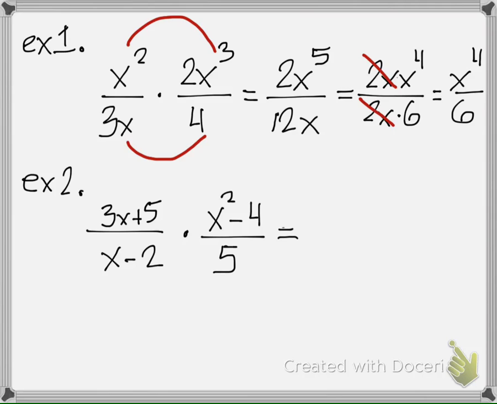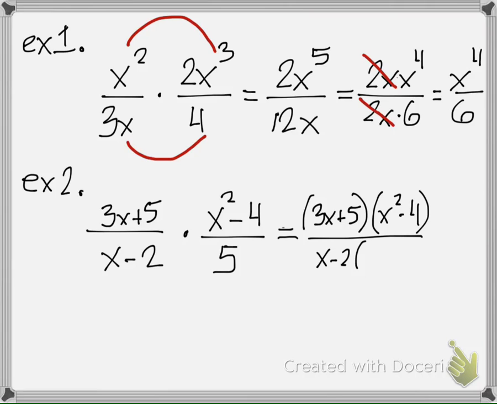Now, it's really tempting to go ahead and take these guys and use the distributive property. What I'm going to do instead of that is just to write them together. I have 3x plus 5 times x squared minus 4 over x minus 2 times 5, or 5 times x minus 2.